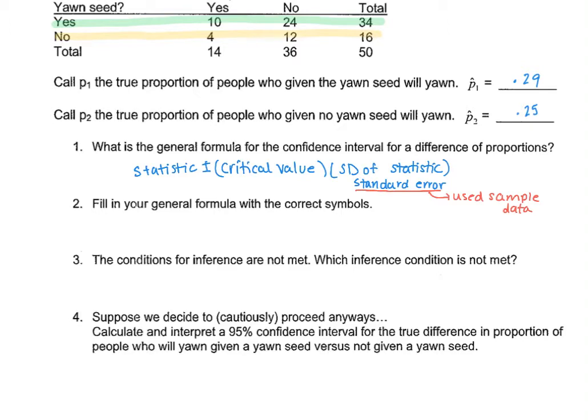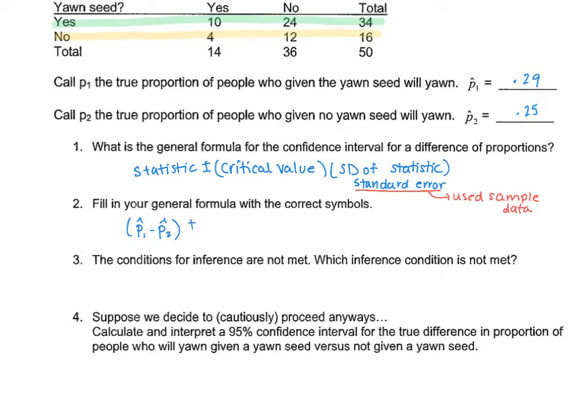So now let's talk about what each of these things is for a difference in proportions. We're trying to find a confidence interval for the difference of proportions, so the statistic is going to be those two proportions subtracted: p hat 1 minus p hat 2.